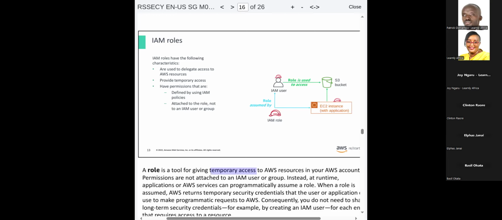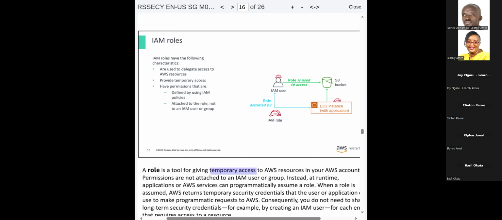I want to give access to my Shopify store to access S3, only when it is accessing S3, and maybe I just want my Shopify store to only access images in a certain bucket, Shopify images only. All right. So what will I do?